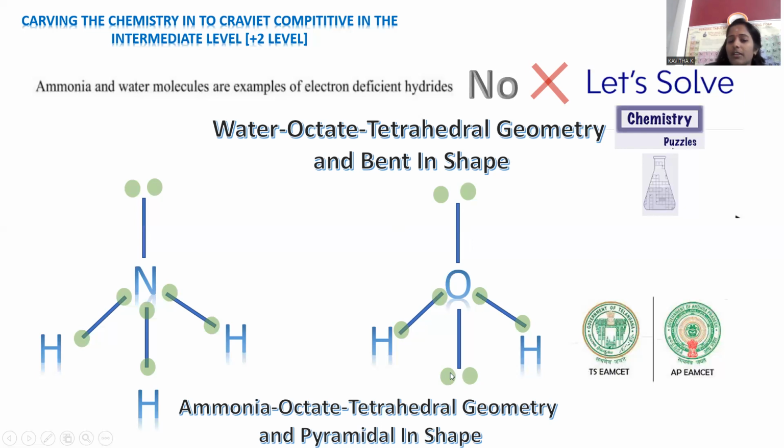If electron pairs are excluded and only bonded atoms are considered, that will be a bent molecule. Still, it contains 1, 2, 3, 4, 5, 6, 7, 8 electrons. Again, it is a kind of octet. We can't say these two molecules are electron deficient because the octet is perfectly satisfied here. So these are highly sufficient in nature in terms of electrons. So these are electron sufficient hydrides only.